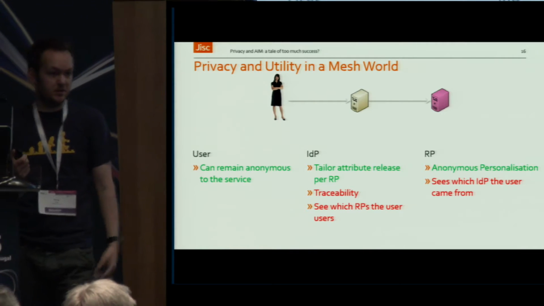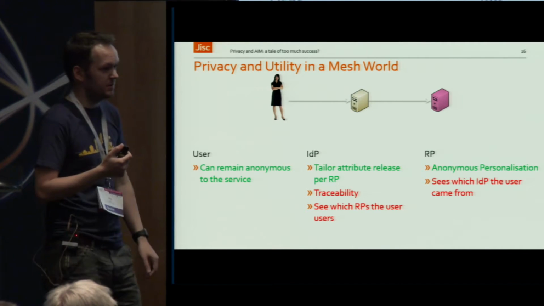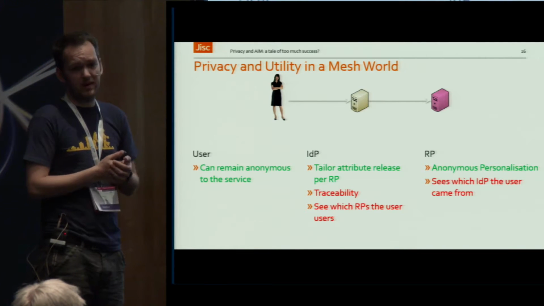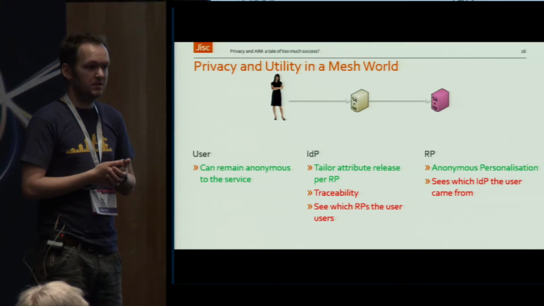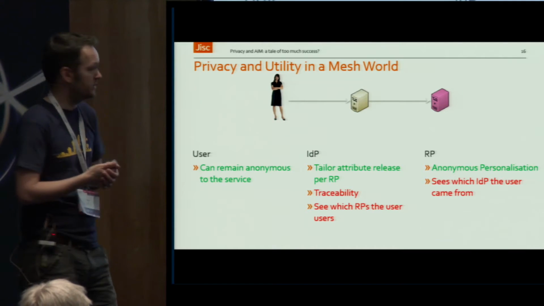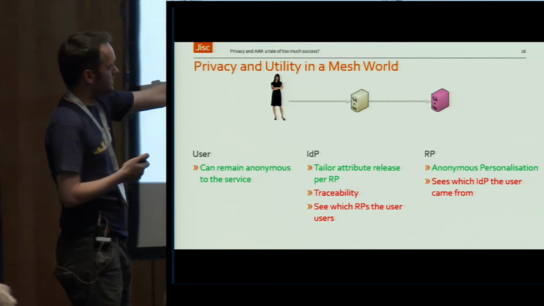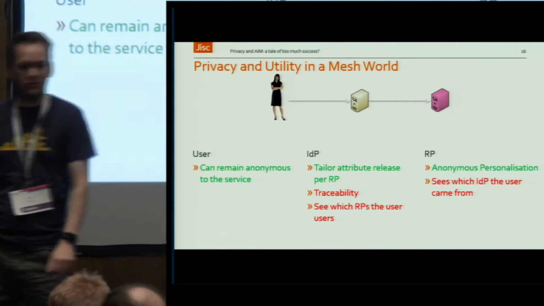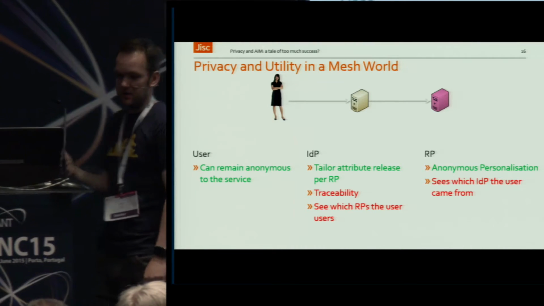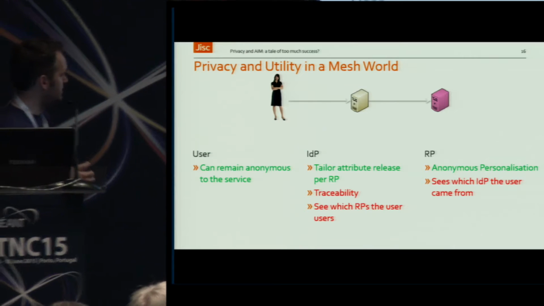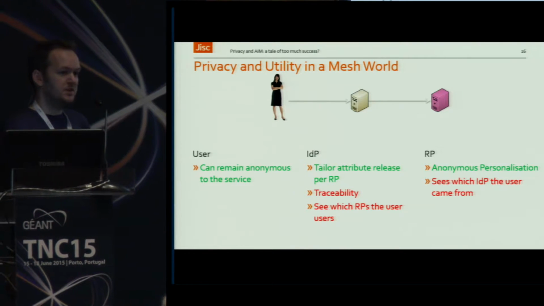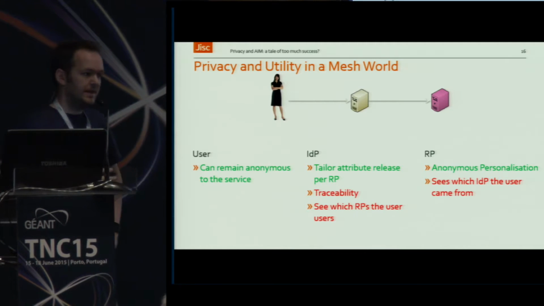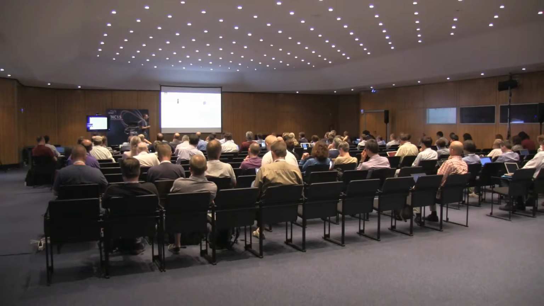Is that a bad thing? It could be a bad thing if the user doesn't trust their IDP. We live in a world where most of our users do kind of trust their IDPs, but that's not the same in every context. And the service can see which IDP the user came from. So, for me, the mesh world is very good for privacy on the user end, but less good where you don't trust the IDP or the RP.